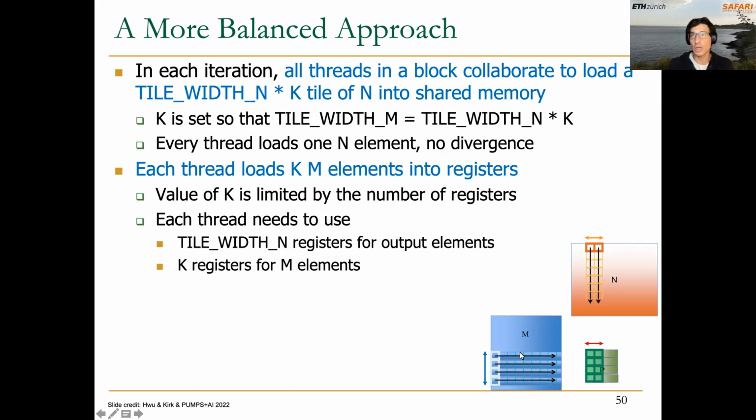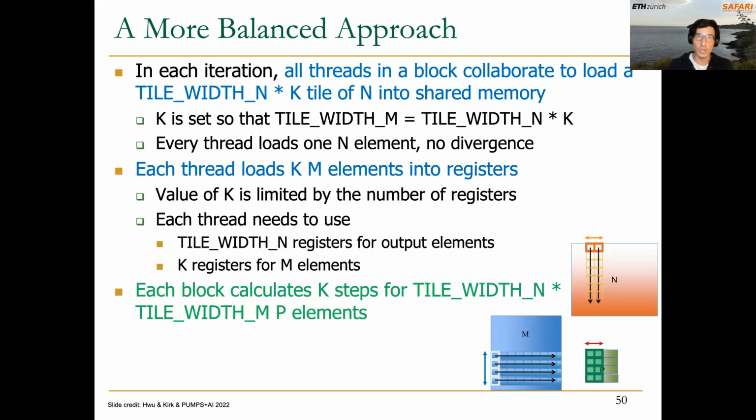We go over the k elements here, same as we go over the k elements here, to compute partial results for each of these elements of the output matrix P. So each block calculates k steps for tile width N times tile width M elements of P. In each iteration, the thread block calculates k steps for these elements of the output tile.